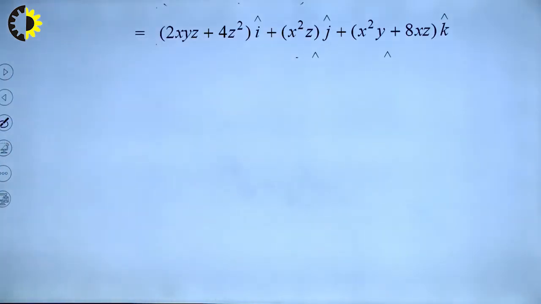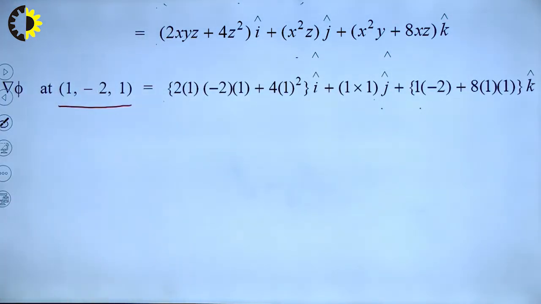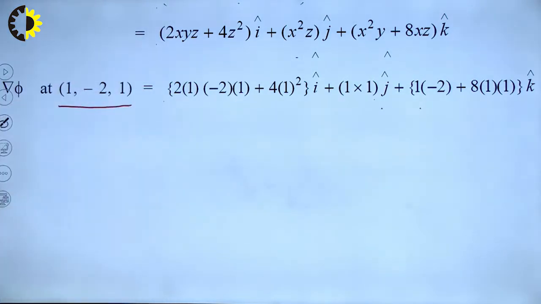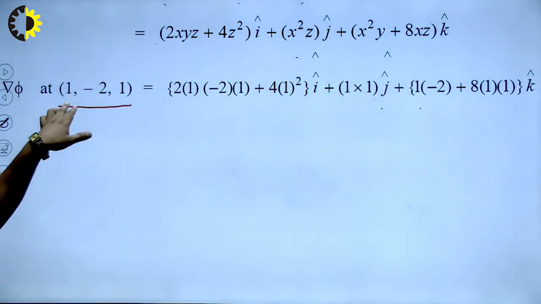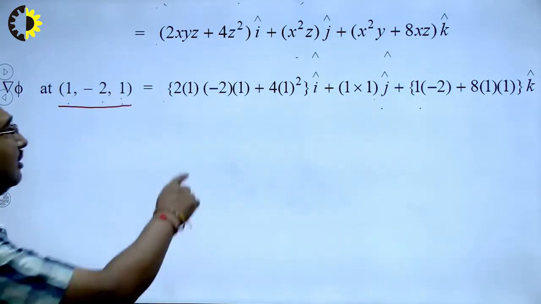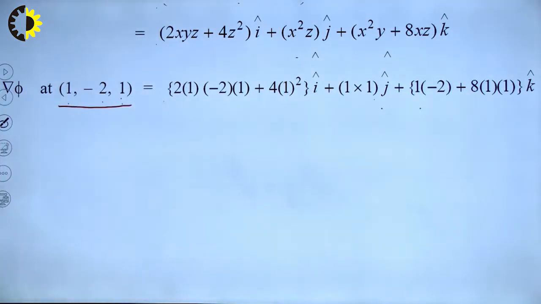This gradient of phi is to be calculated at this point, because we are interested in finding the greatest rate of change at this point, and therefore putting x equal to 1, y equal to minus 2 and z equal to 1 in this expression, I shall be able to find grad phi at this particular point.